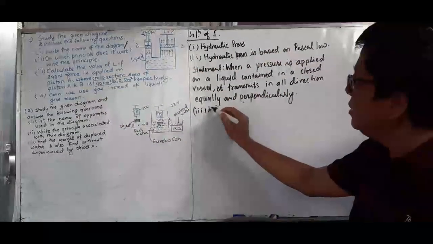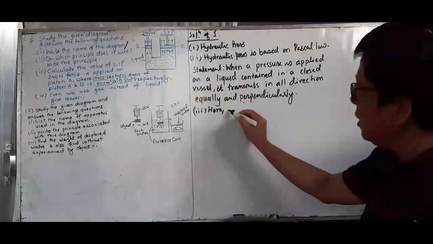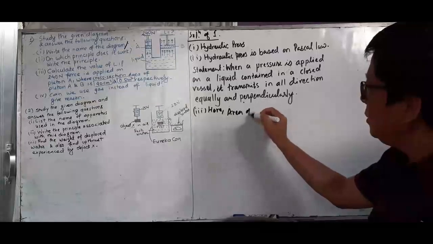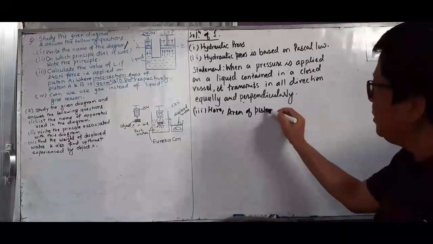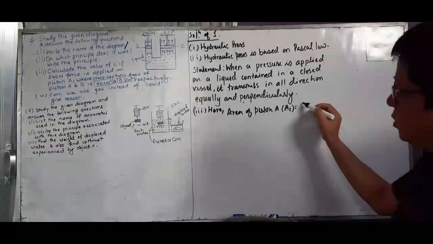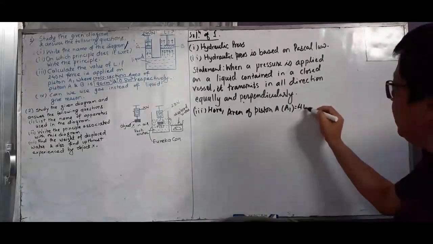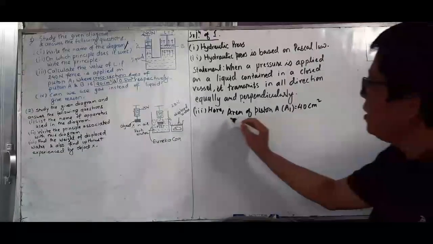So here in 3rd case, the area of piston A, that is say A1, equal to 40 cm square.